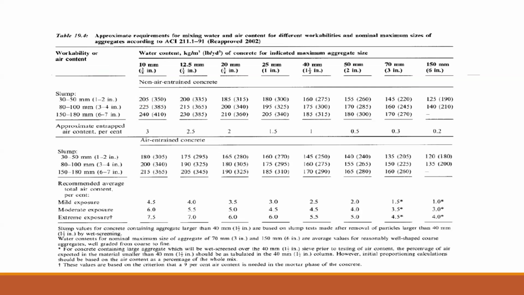When you go to the next table, again, depending on whether we are looking at air entrained or non-air entrained. So here we are looking at air entrained. Depending on the slump, our slump is 80 to 100, am I right? And if we know the maximum aggregate size, which is 40 in our case, we will be able to find out the water content, isn't it?